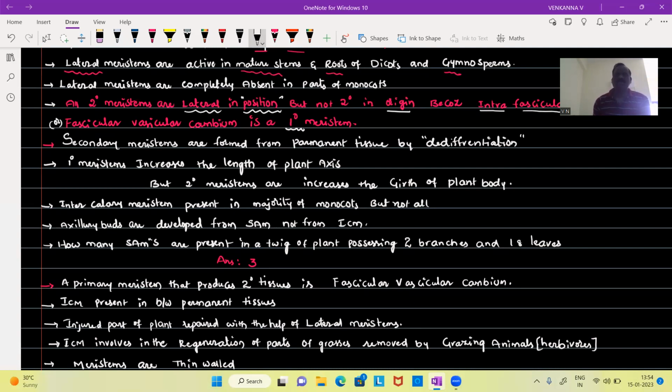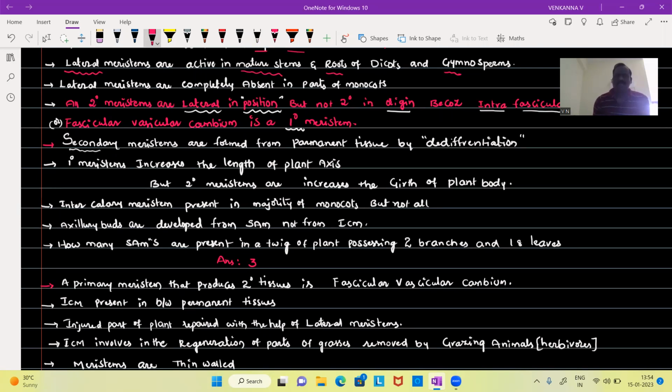The remaining two lateral meristems are secondary meristems: cork cambium and interfascicular cambium. So interfascicular cambium and cork cambium are the only two secondary meristems, and they are lateral in position.